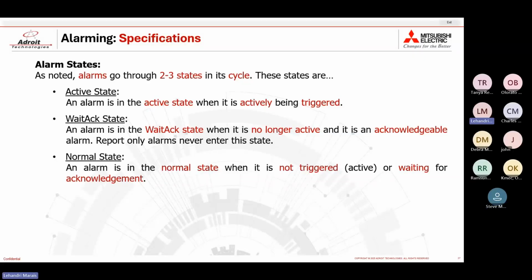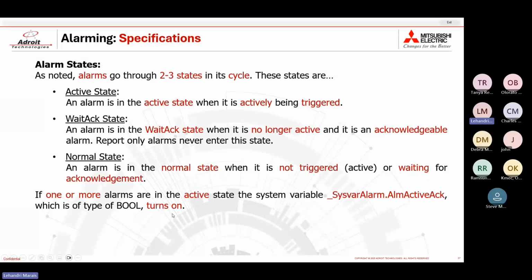And the last state is the normal state. So this is either the initial state of the alarm, so before the alarm has been triggered, or it is the state after the alarm has been deactivated, whether this is report-only, where it instantly returns to the state, or whether it's been acknowledged by the user and returns to the normal state.